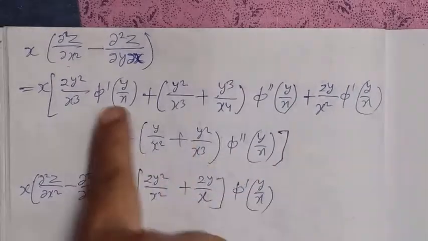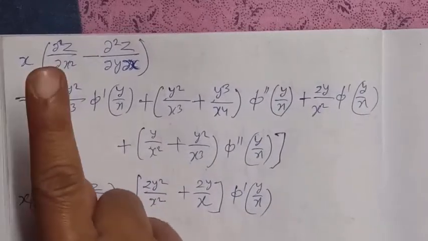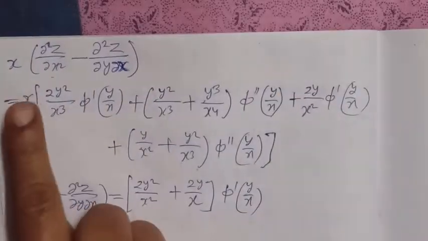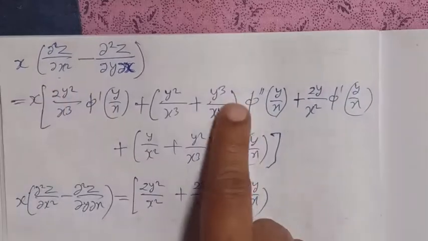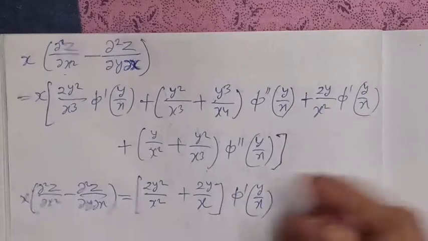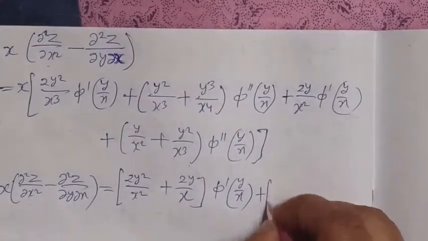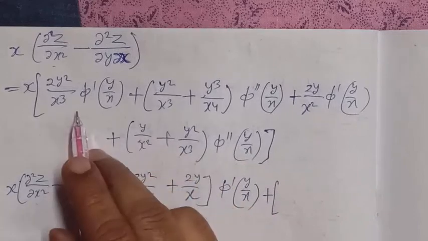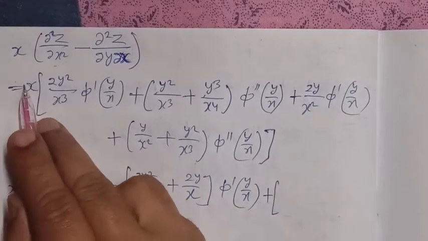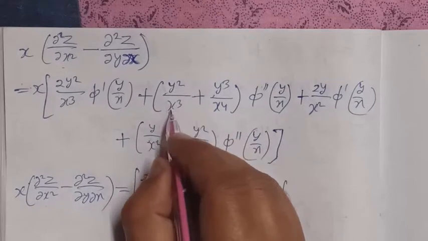I write these two terms on multiplying x, and on multiplying x to the remaining two terms we will get the coefficient of φ double dash. So I write here the coefficient of φ double dash. On multiplying x to this we get y square upon x square.